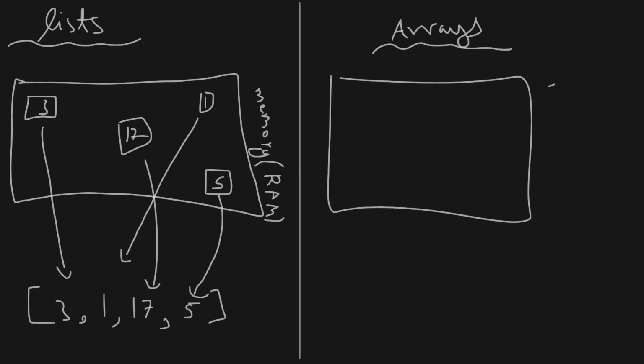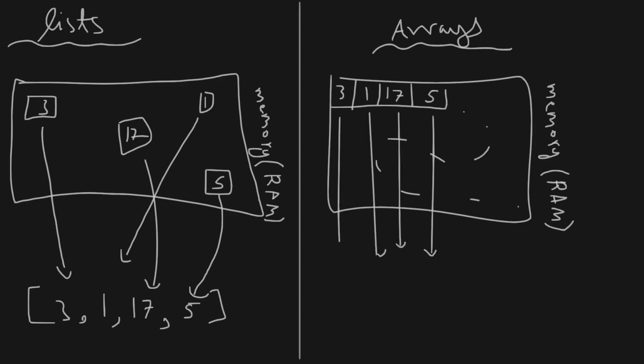Arrays, on the other hand, are more neat in how they keep data inside the memory. Arrays also store data inside the memory, but in a compact order, in a compact sequence. So whenever you define an array, you expect the data to be very close to each other in memory.